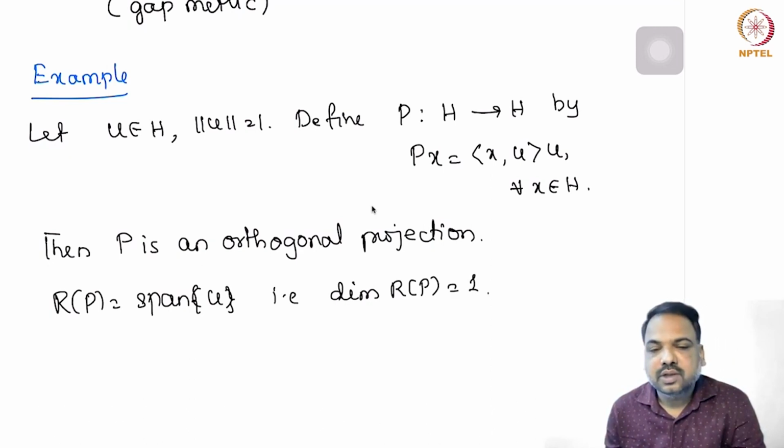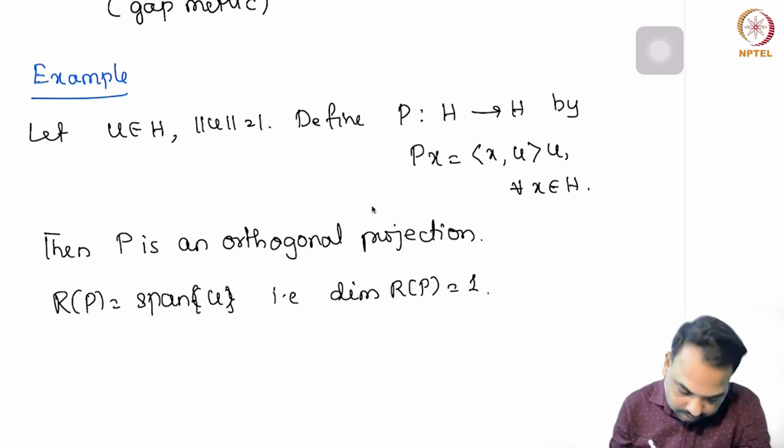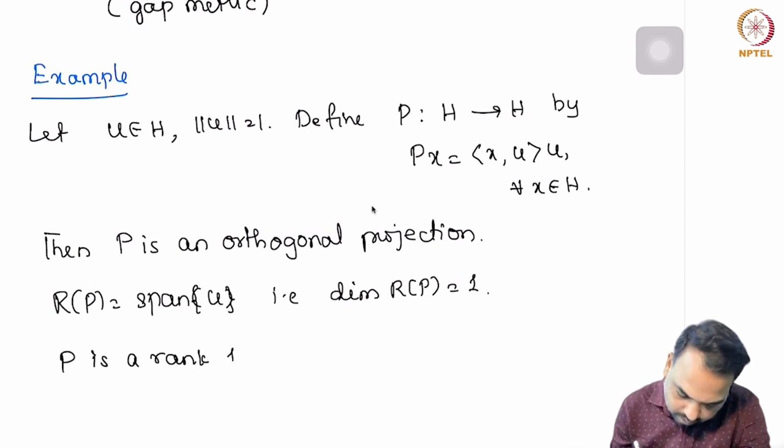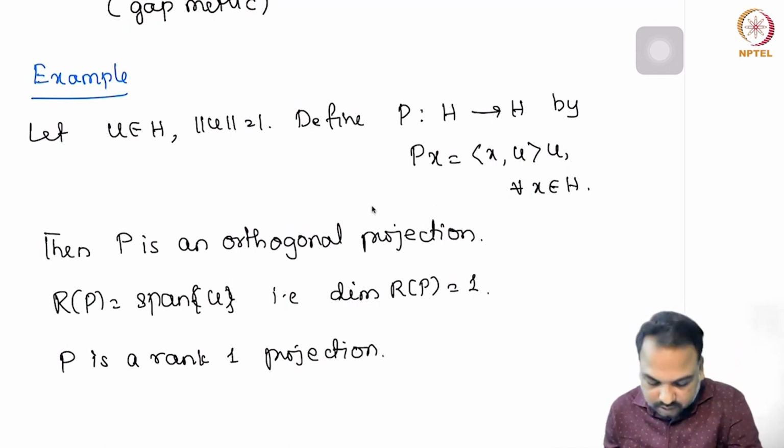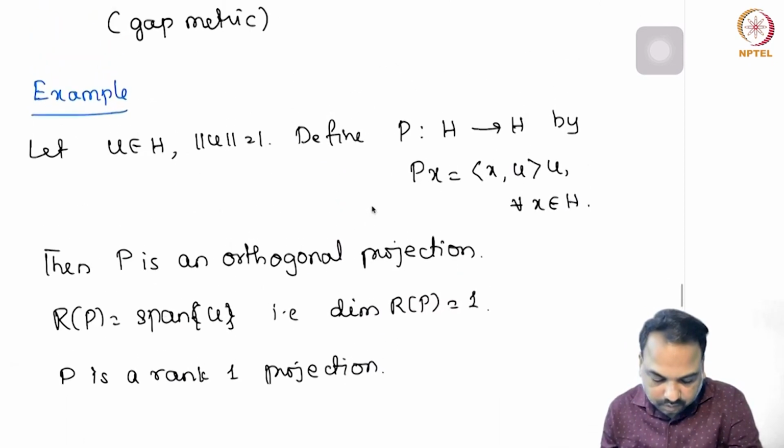The dimension of the range of P is known as the rank of the operator. So here P is a rank 1 projection. We will discuss rank 1 projections at a later stage.